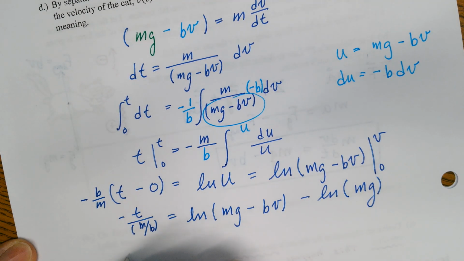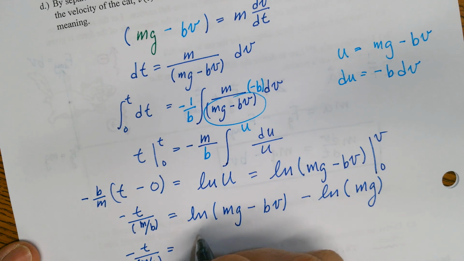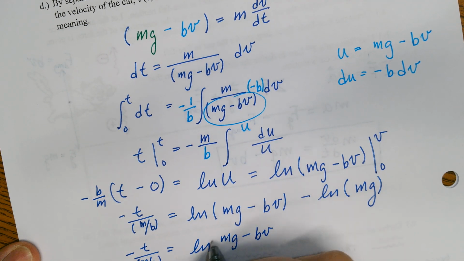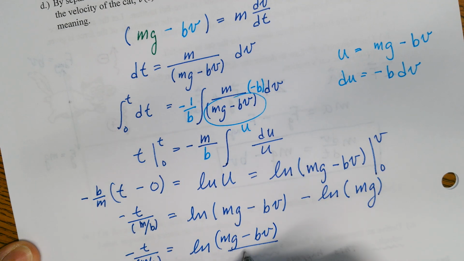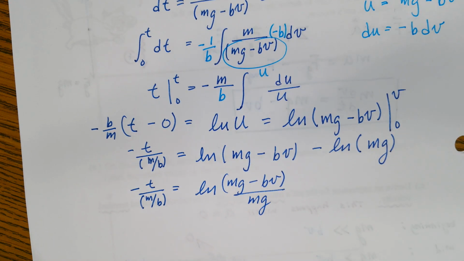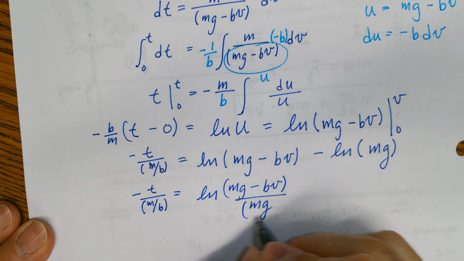By natural log property, this can be written as ln of (mg minus bv) over mg.